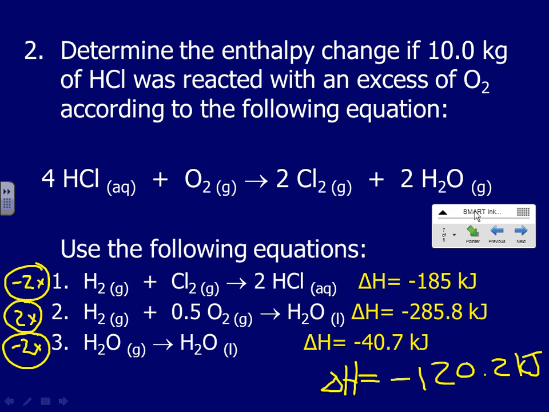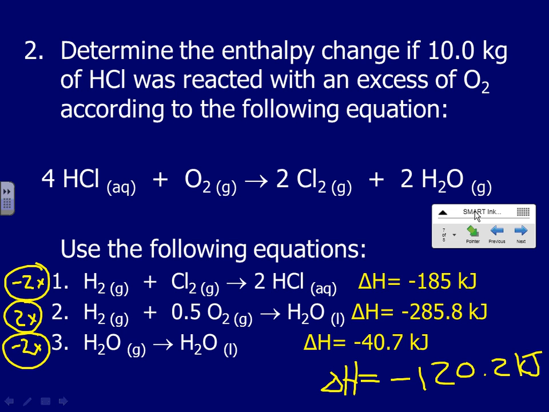What's true about moles of HCl and kilojoules in that reaction? Exactly. For every 4 moles of HCl, you're going to get negative 120.2 kilojoules given off.